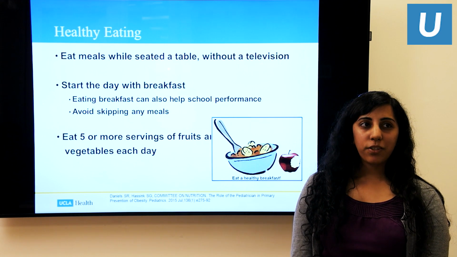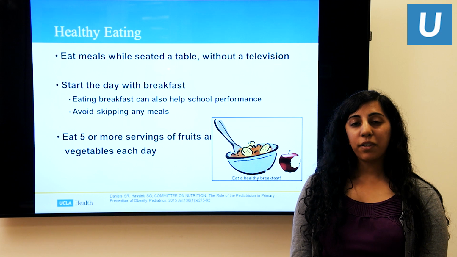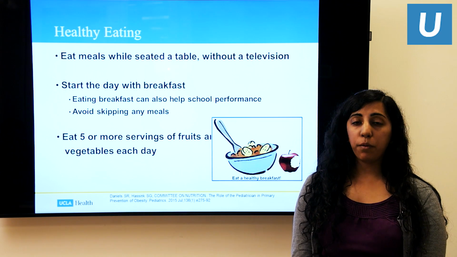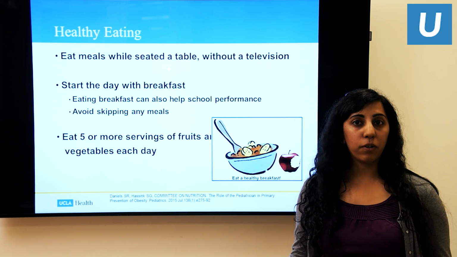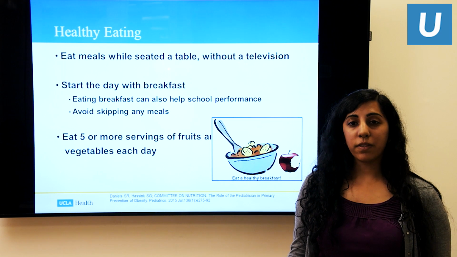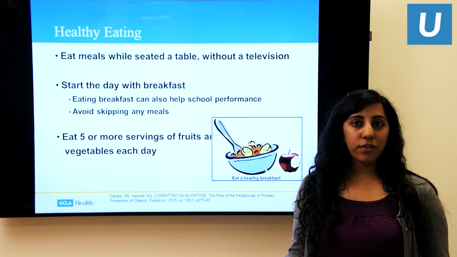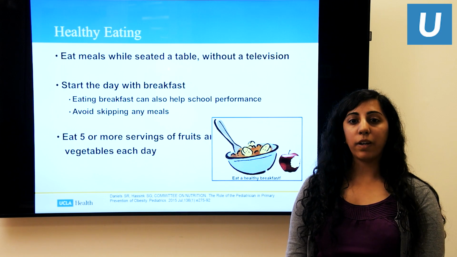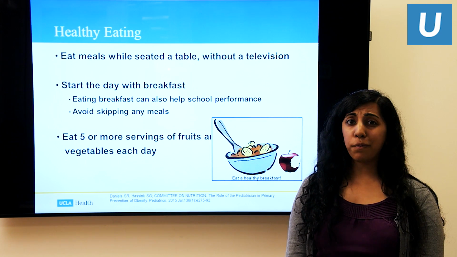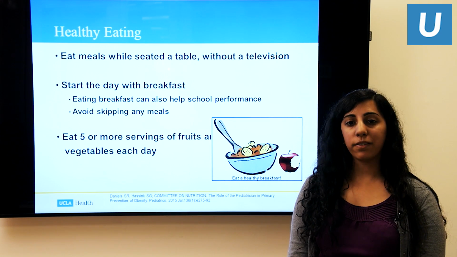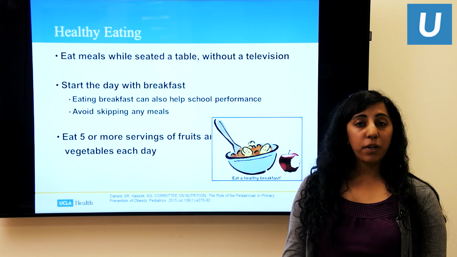Other recommendations for eating healthy are really trying to eat meals together as a family whenever possible while seated at a table. This has been shown to result in eating healthier portions rather than eating in front of a television where you might lose track of how much you've actually been eating. Another important thing is to start the day with breakfast. Avoid skipping meals.